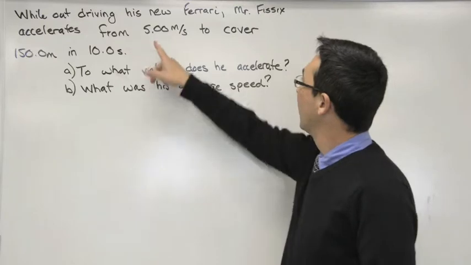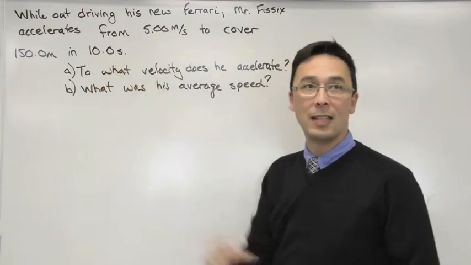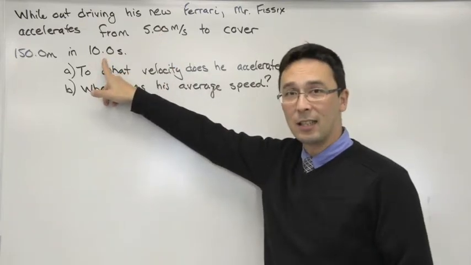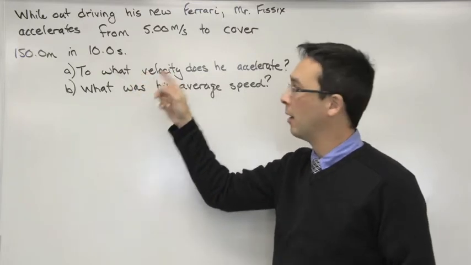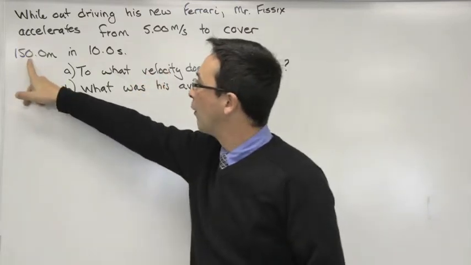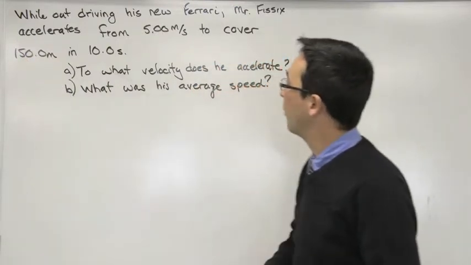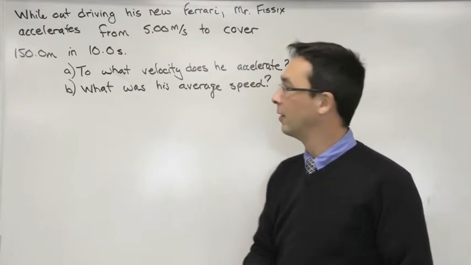Secondly, it mentions a time of 10 seconds. If you go 5 meters per second for 10 seconds, we would expect to cover a distance of 50 meters. But in fact, this object covers a distance of 150 meters. So, clearly Mr. Physics Ferrari is accelerated.